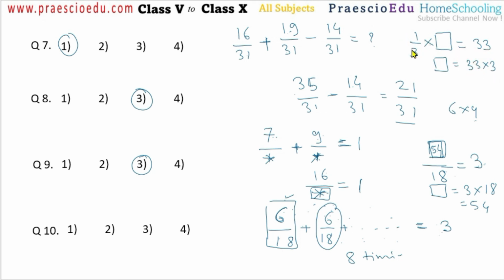This 3 is division here, so we multiply both sides by 3. The 3s get cancelled, so 33 multiplied by 3 is 99. So that number is 99, which is option number 1.